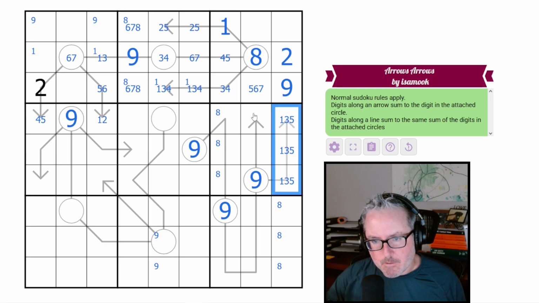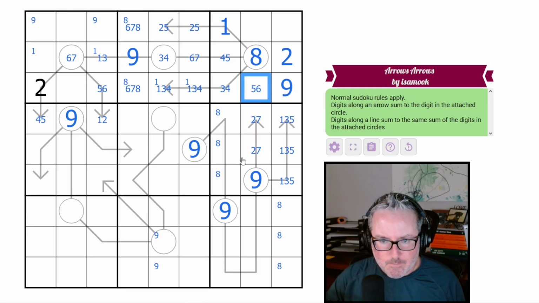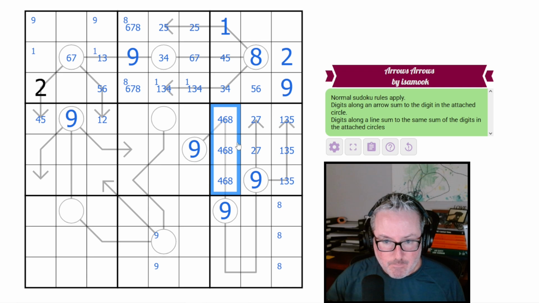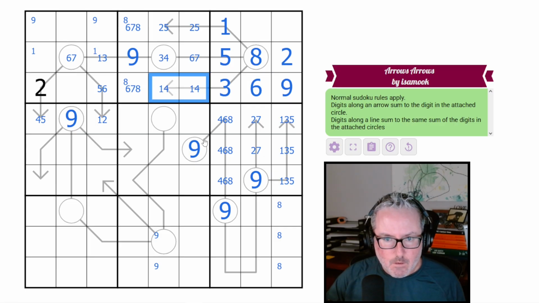If that's 1, 3, 5, what can this still be? Could be 7, 2, and that's it. Good. This is not 7. These then have to be 4, 6, and 8. That gives us 3 and 5 and 6, and that hopefully does some work here.